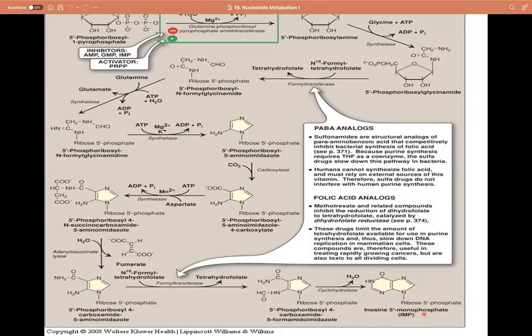Too much of either of these, IMP or AMP or GMP, is going to inhibit this rate limiting enzyme. On the other hand, if there's an excess of PRPP in the cell, the enzyme is going to take this as a sign to produce more AMP, GMP, or IMP as a result.